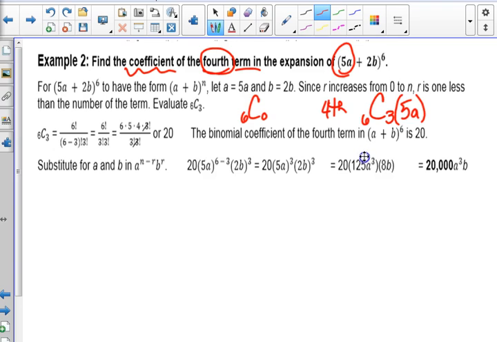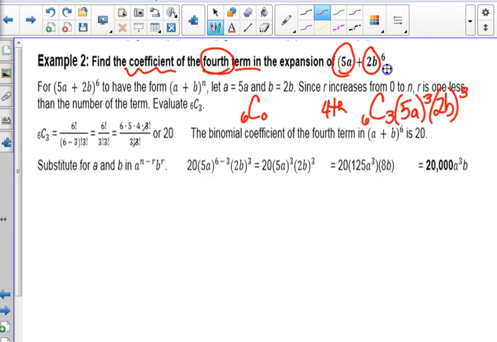Okay. The first one has 6 of those, yes. Then what? 5, 4, 3. Okay. Then we got 2B back here. There's none on the first term. Then 1, 2, 3. Because these two exponent powers should total 6, right?